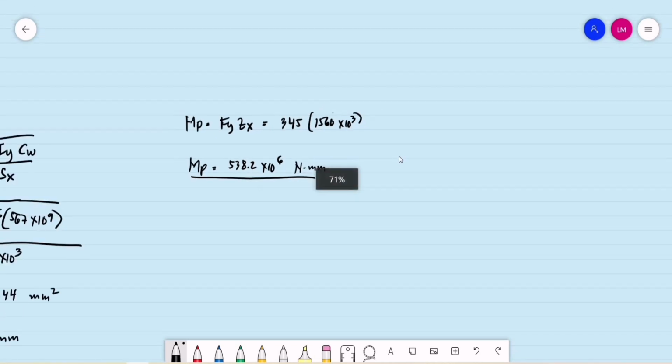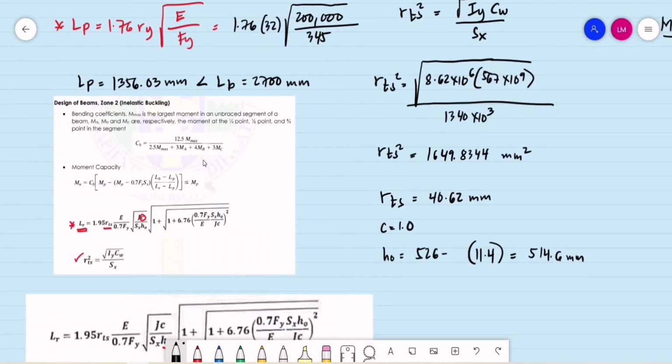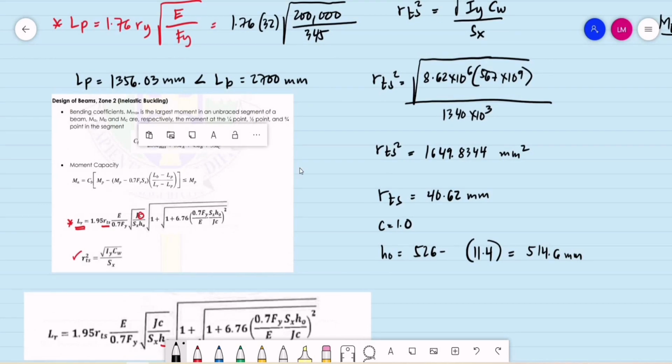So let's have the equivalent of our nominal moment capacity, using this equation.